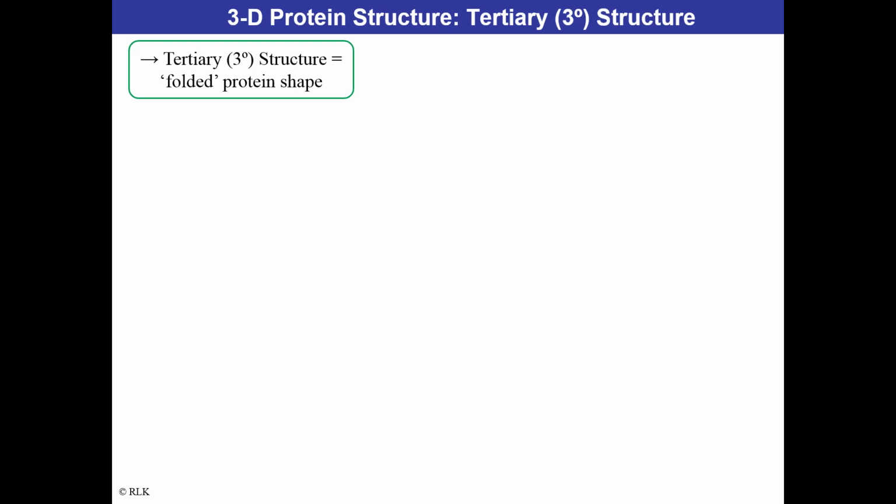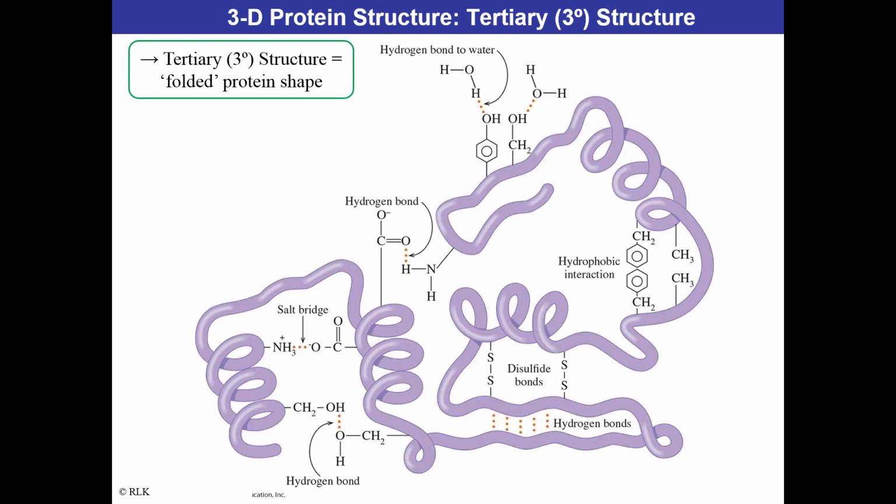We have now tertiary structure. Tertiary structure has to do with the folded protein shape. And the folded protein shape, look at this. I mean, it almost looks like spaghetti gone wild, right? So here's a strand of spaghetti that looks like somebody was playing with it. Notice how we say we have a folded protein shape.